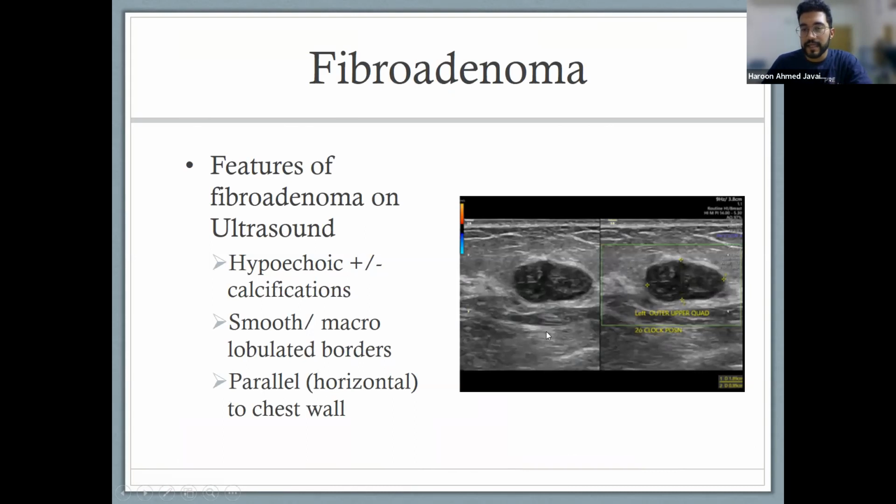Sometimes you may find an image like this. This is known as a fibroadenoma. It's basically a benign mass. Okay, so the clinical description you're going to get for this is a young female, probably in her 30s to 40s, who has a complaint of a mass, and this mass increases or decreases in size with her periods.